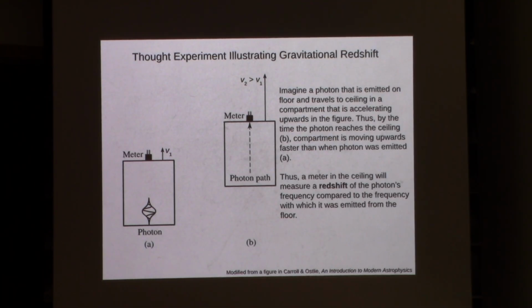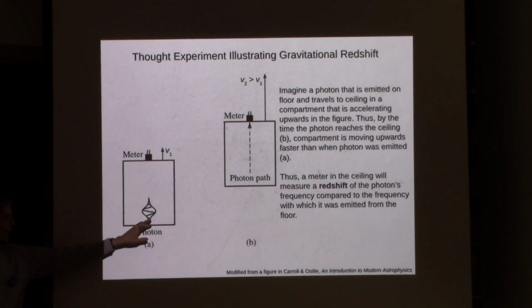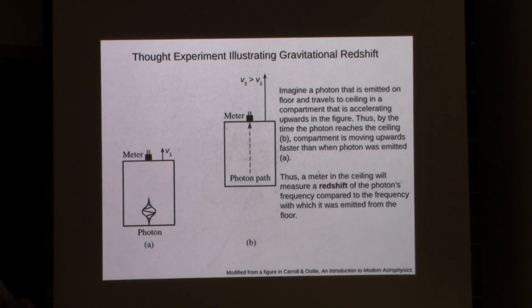Okay? So, imagine a photon is emitted on the floor and travels to the ceiling in a compartment that is accelerating upwards in the figure. So you've got this compartment, there are rockets firing, it's accelerating upwards the whole time, and we fire a photon from the floor to the ceiling, okay?